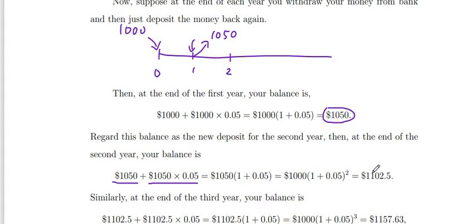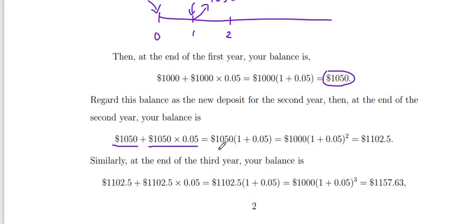We can take 1050 out, so this becomes 1 plus 0.05. And we can also write 1050 as $1,000 multiplied by 1 plus 0.05.